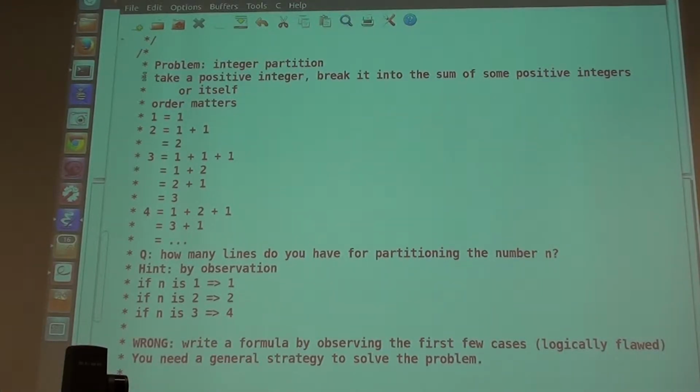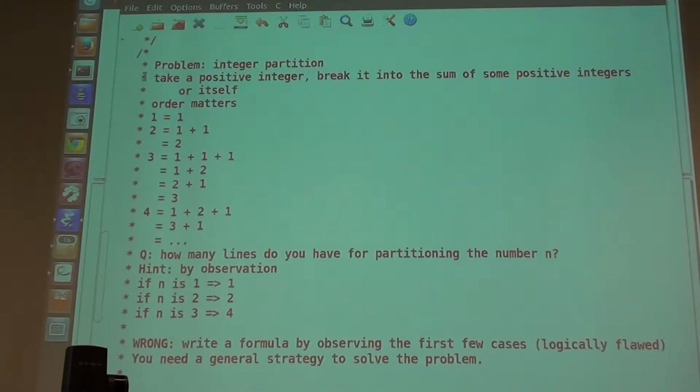Do you understand the problem? Do you want to discuss with your classmate? One thing you have to avoid, and I have to emphasize many, many times: you cannot observe cases and say that's the result.